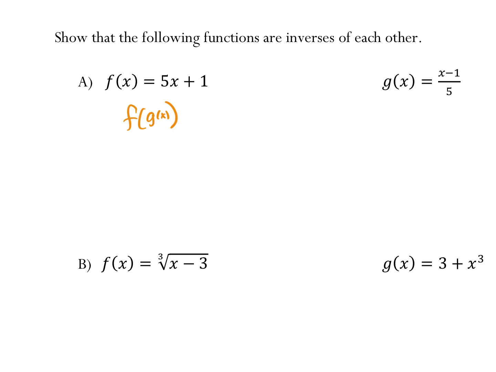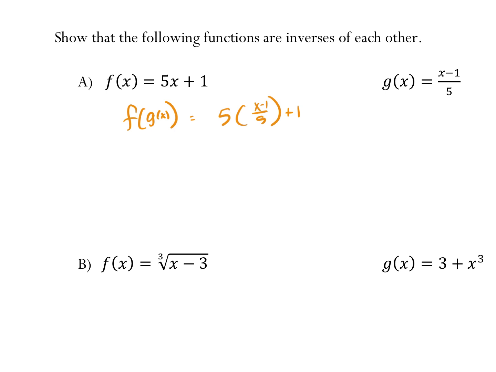Everybody good so far? All right, and so if I did that here, I would do 5 times x minus 1 over 5 plus 1. And if this simplifies down to x, then I know if I plug x into the one function and then take that answer into the other, I'm getting that same x out every time.